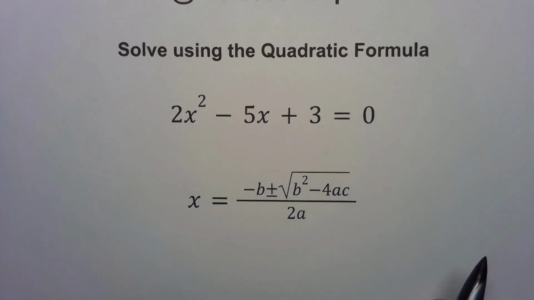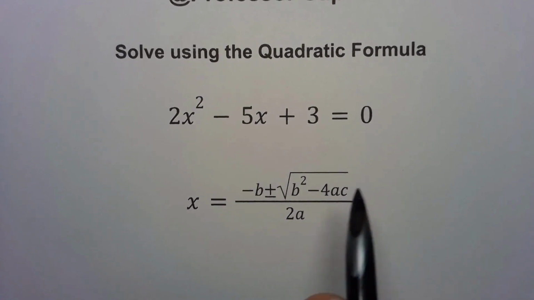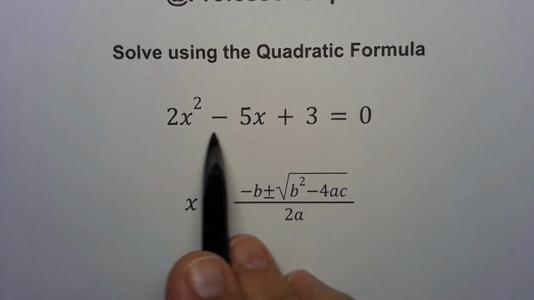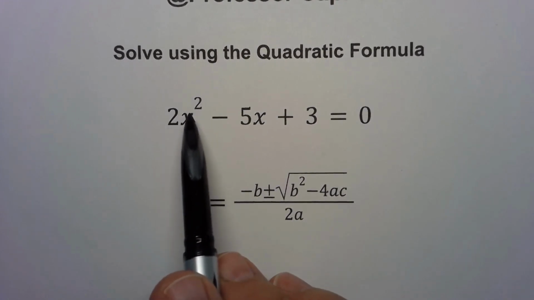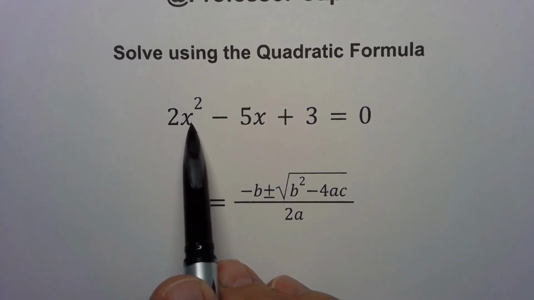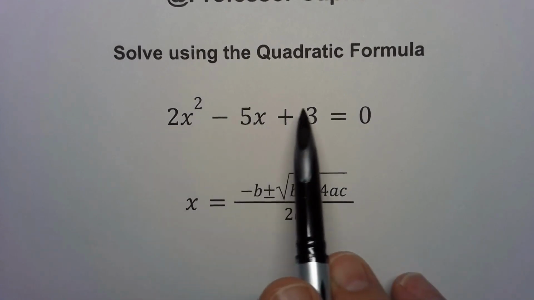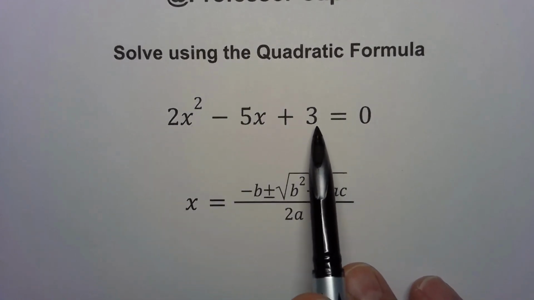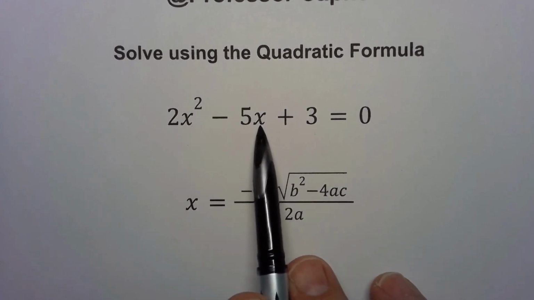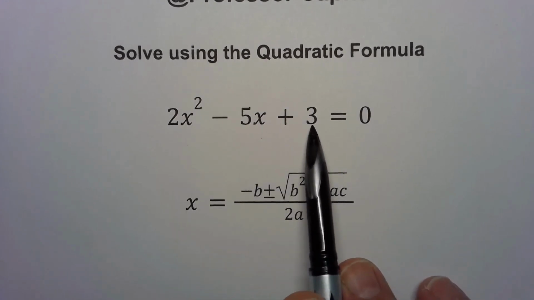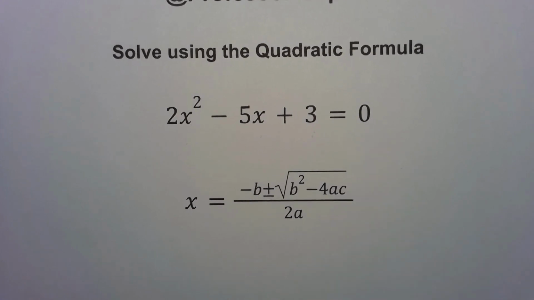That is referring to the equation being in standard format. And in this case, it is. Standard format would have our squared term here, and then moving to the right all the way until we have our constant. So we have the squared term, just the x term, and then our constant, and it has to be set equal to 0.